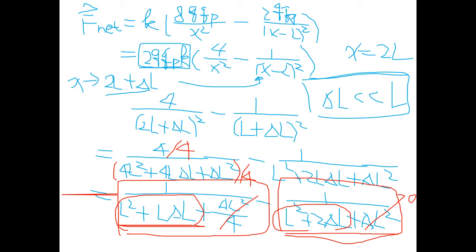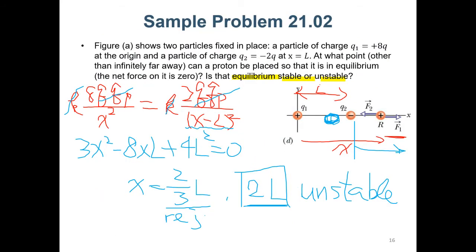Then there will be a force putting me further away from this point, which means that this equilibrium point is unstable. If it is stable, then if I go a little bit forward, there will be a force putting me backward, and we'll go back to the original point.